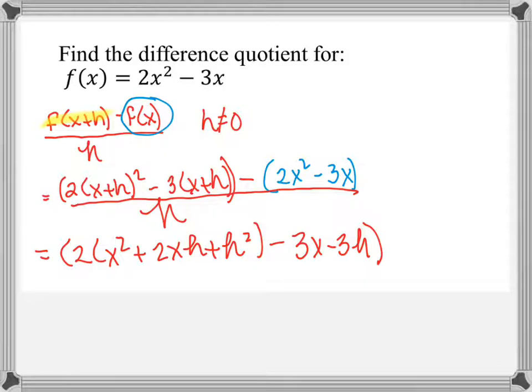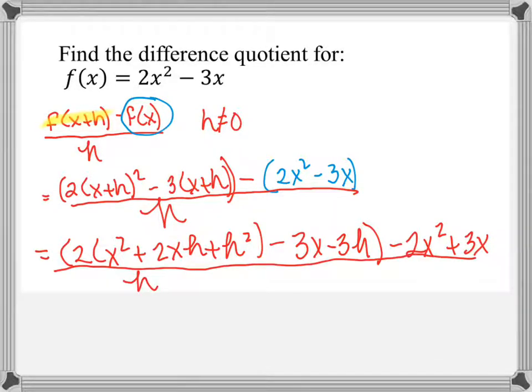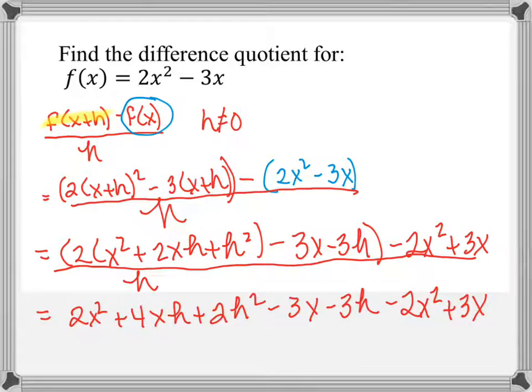I'm going to distribute the negative as well in the next expression, so minus 2x squared plus 3x all over h. Now I'll distribute the 2, so I have 2x squared plus 4xh plus 2h squared minus 3x minus 3h minus 2x squared plus 3x all over h.